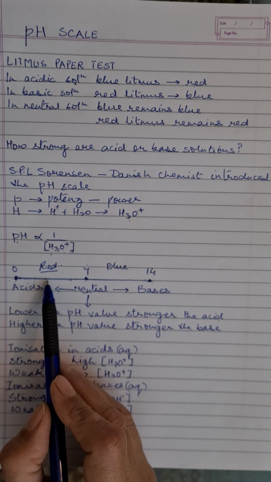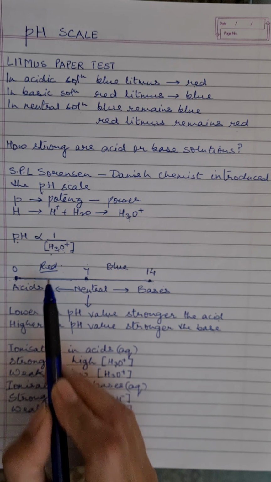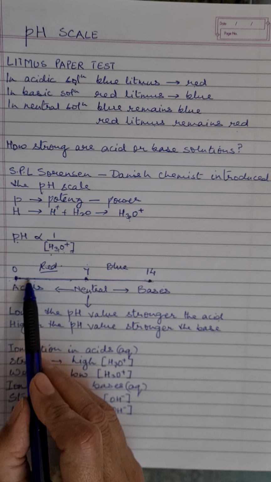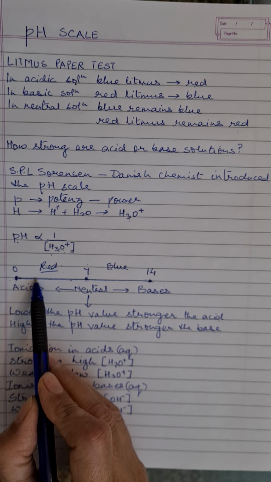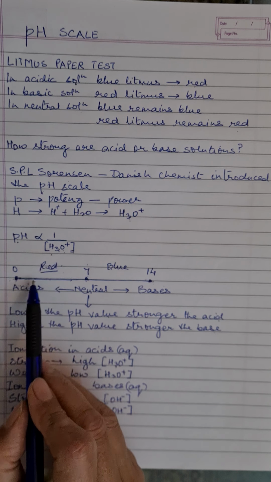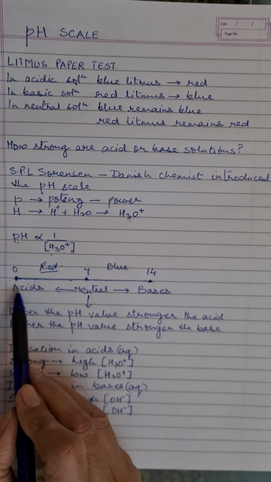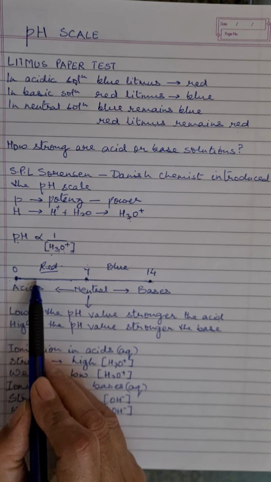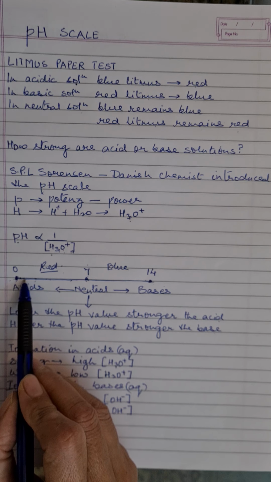Now, lesser than 7 are the acids. The lesser the pH value, that means somewhere here between 1 and 2, the stronger the acid is going to be, because the concentration of hydronium ions here is going to be very large. So if the concentration of hydronium ions is large, the pH value will be very less.